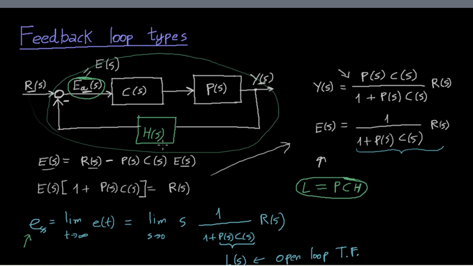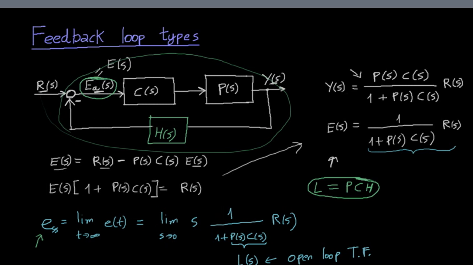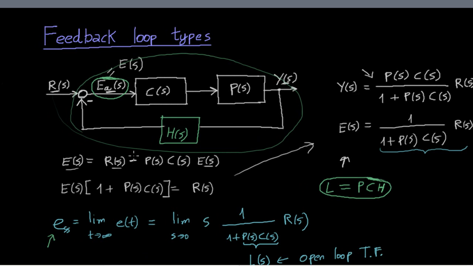Okay, so in these more complex cases with non-unity feedback, having a small acting error is a prerequisite to achieve a small actual error.